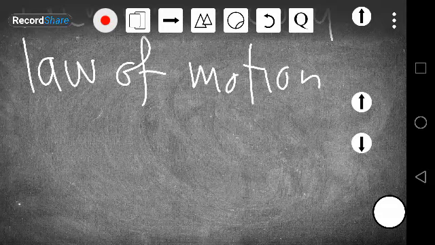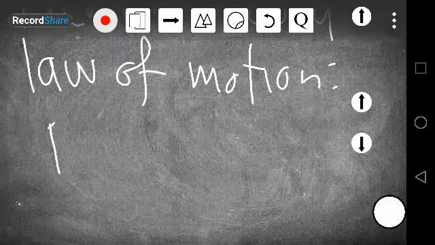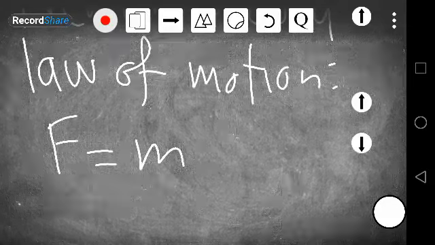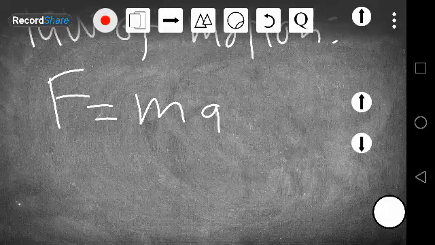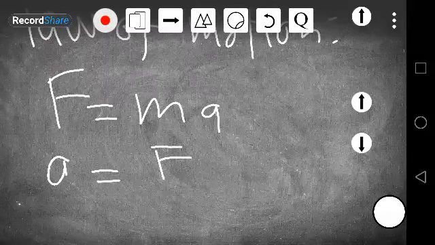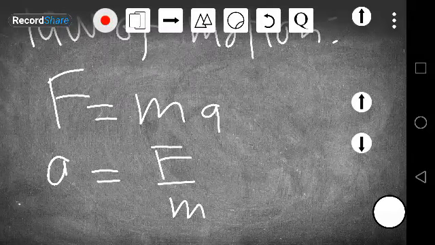Newton's second law of motion is about F equals ma. So a will be equal to F over m, where a is the acceleration, F is the force, and m is the mass.